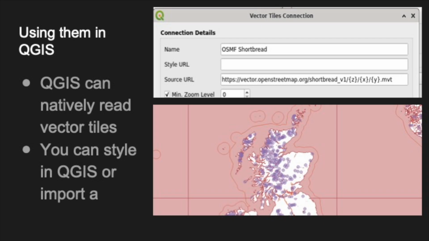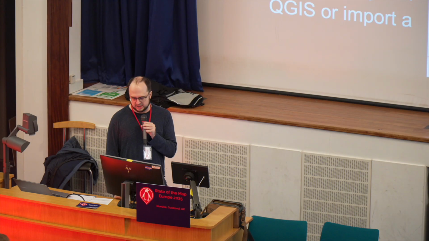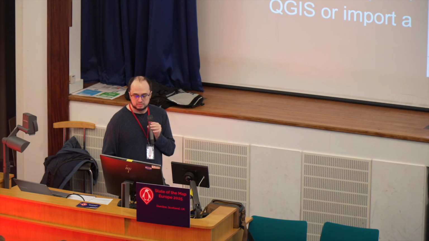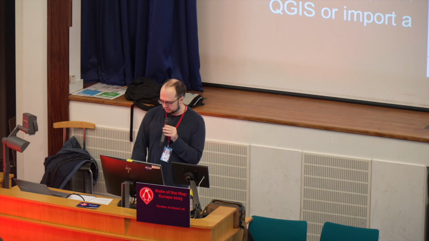It's a good tool for figuring out the exact details of what is in a tile when I'm working on developing it. But it can even read MapLibre tiles, and just like before, you could have a map that looks the same. So you can have a map in QGIS using vector tiles that looks like the shortbread style on osm.org.